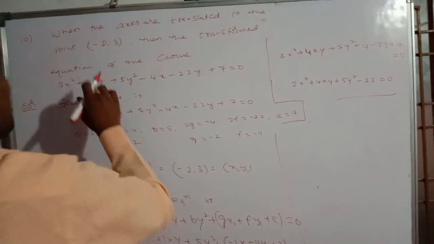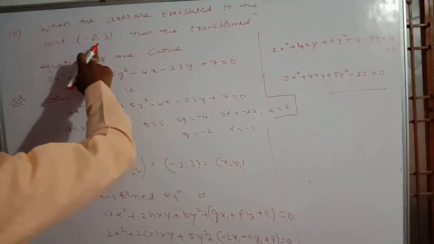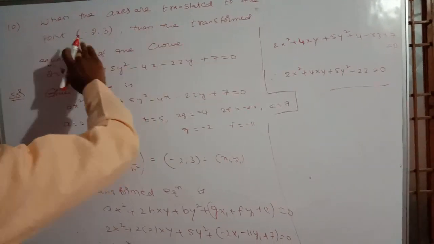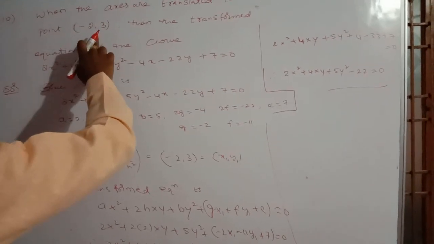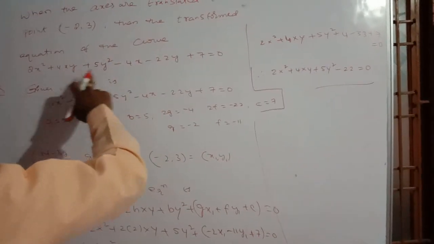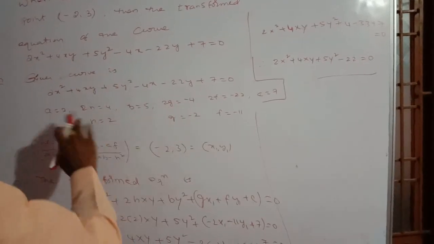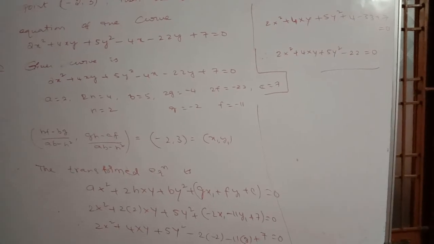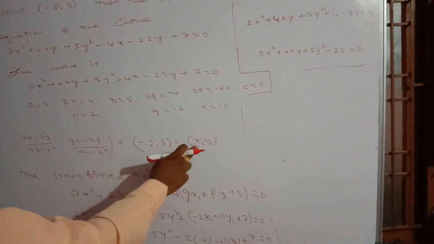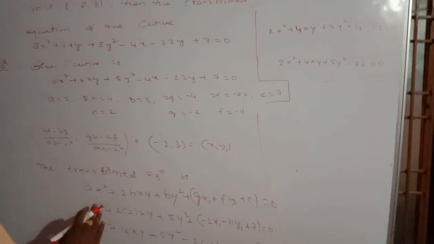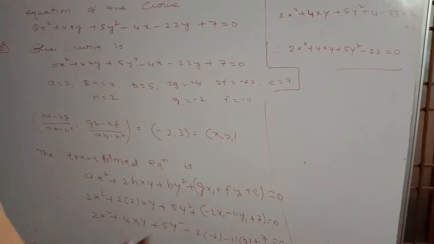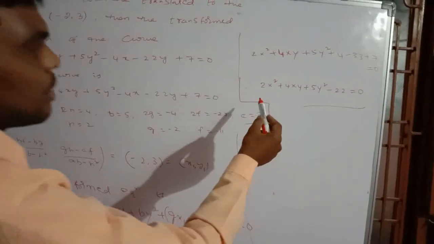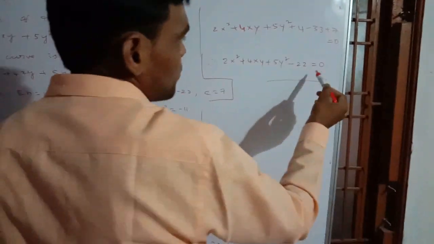Once again I repeat: when the axes are translated to the point (-2, 3), given the original equation of the curve, compare to get a, b, c and h, g, f. For the point (-2, 3), this is x1, y1. Substituting these values in the transformed equation, the required answer is 2X square plus 4XY plus 5Y square minus 22 is equal to 0. This is important.